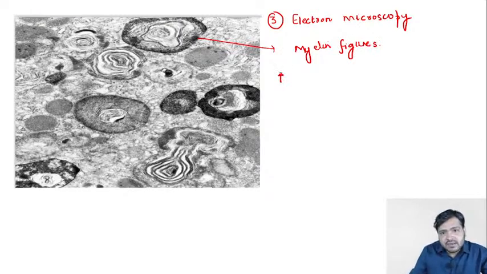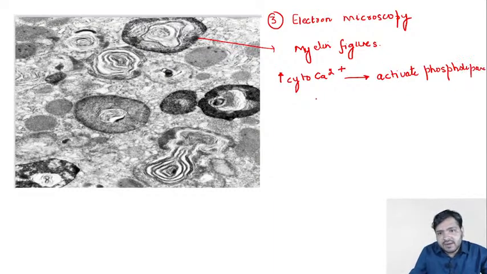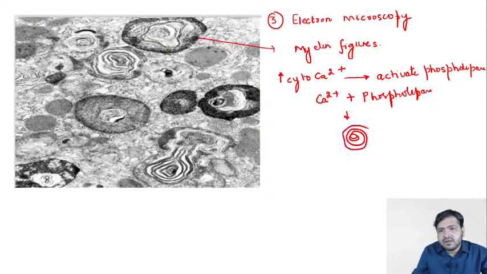There is an increase in the cytosolic calcium, which will activate the phospholipase, and remember that calcium, when combined with phospholipase, basically will form these concentric rings.